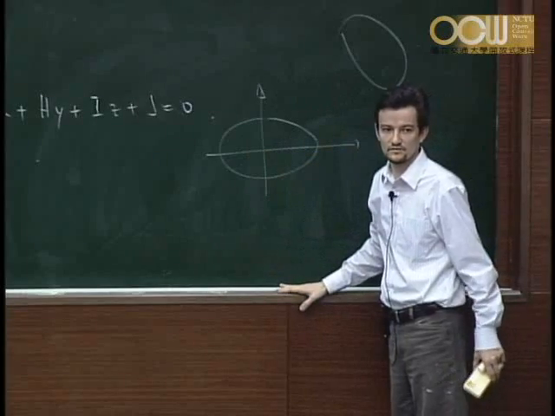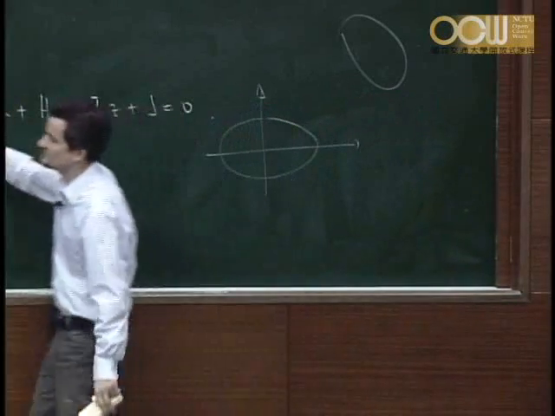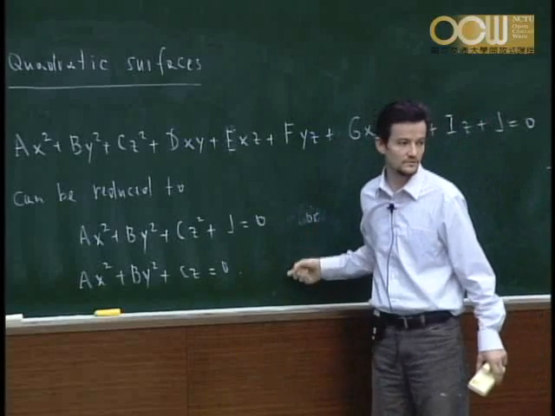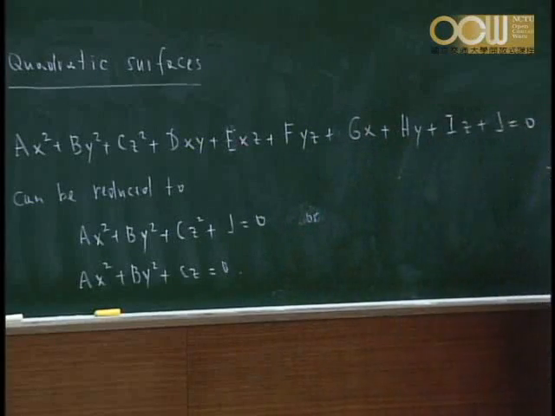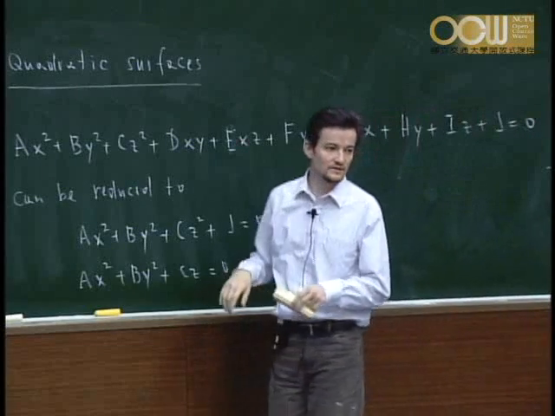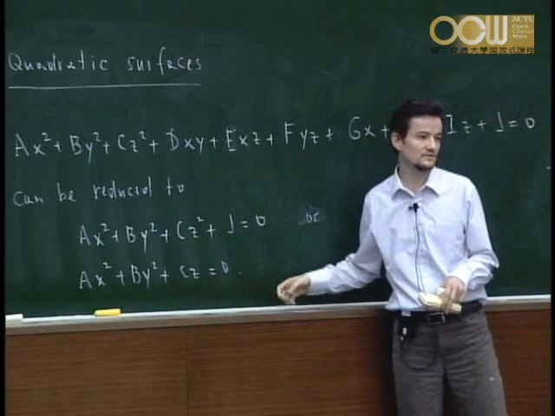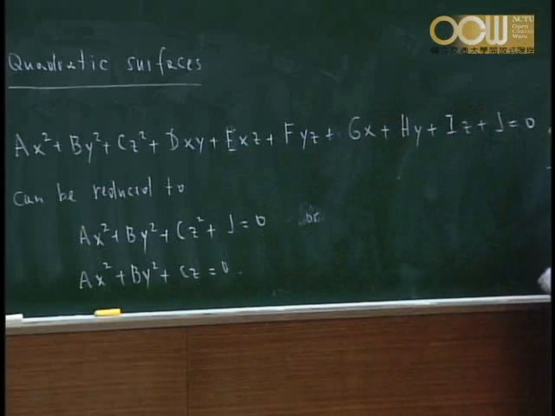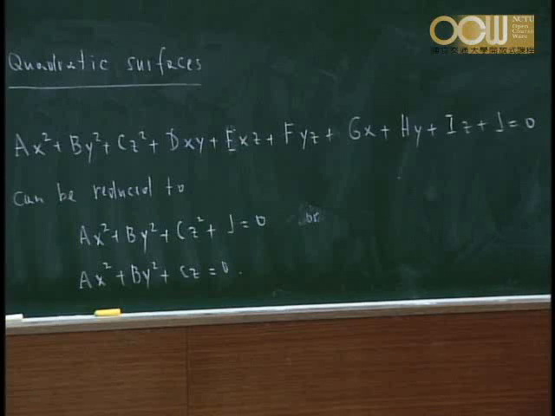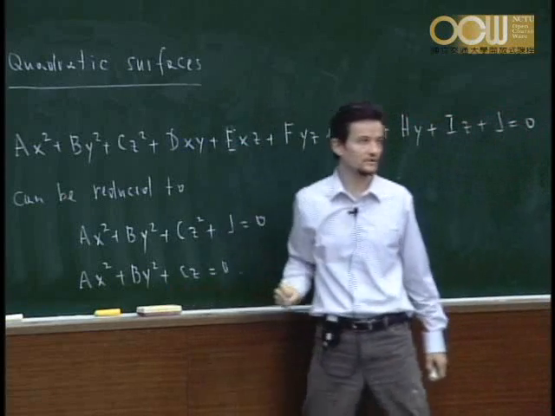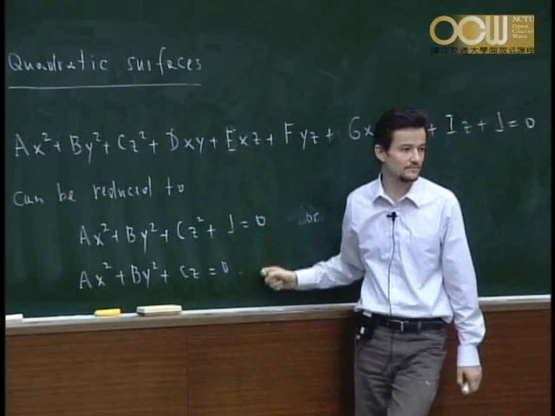Using this, I can reduce this general equation to the discussion of just those two here. I think there are some examples in our textbook which show you how to reduce this by just using translations and rotations to this case and to this case. But this is something you have to believe me, because these are just details. So what we have to do is discuss those two types here.